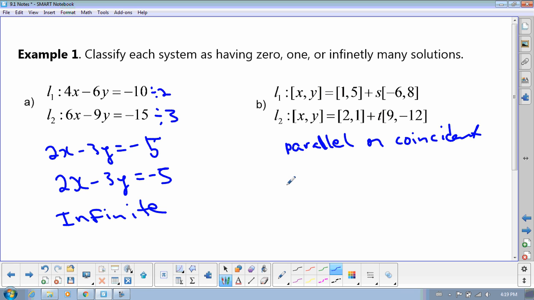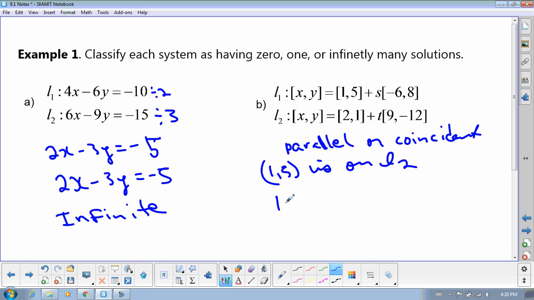So what I'm going to do is I'm going to see if 1, 5 is on L2. Because if it's on L2, that means the lines are coincident and there's infinite solutions. If it's not on the line, it means they're two different lines that have the same slope, and therefore there is no solution. So whenever we're checking, we're going to use our parametrics.